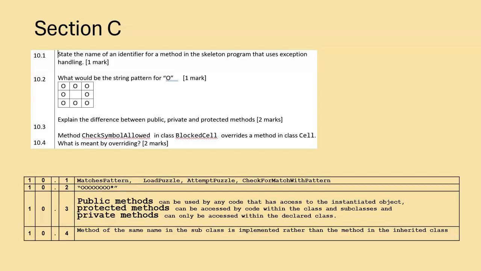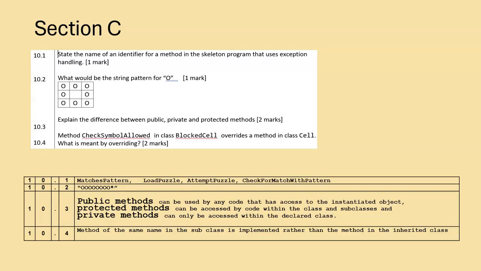Last thing, what is overriding? Overriding is where you can have, actually I've said in the mark scheme here, I'll be honest with you, I nicked these questions. A method of the same name in the subclass. Oh yes, fair enough, I have written it right. Sorry, I was just about to say I thought I got the wrong way around there. Yeah, so basically I've got a method in a child class, a subclass, that's got the same name as the parent class.